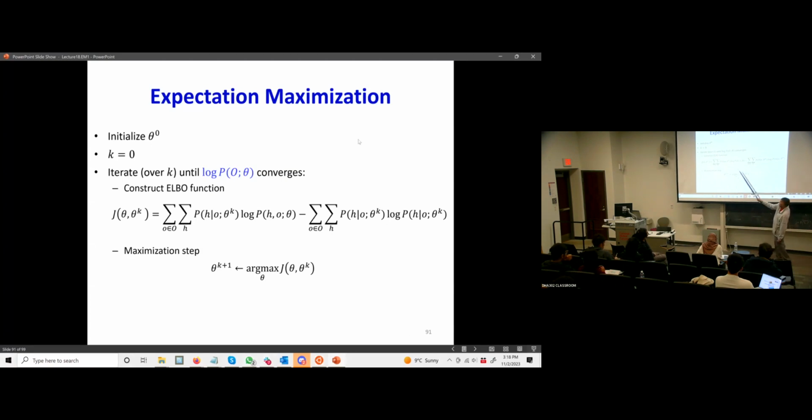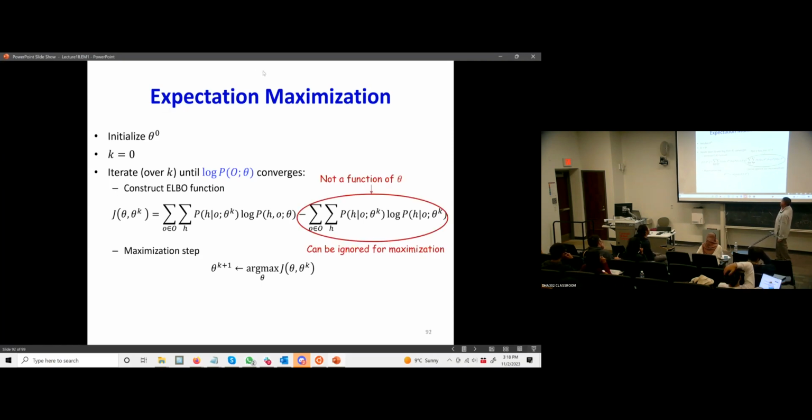And the second term, because it was in the denominator, is not a function of theta at all. So I can ignore it, correct? Because I can ignore the second term, it can be ignored for maximization.